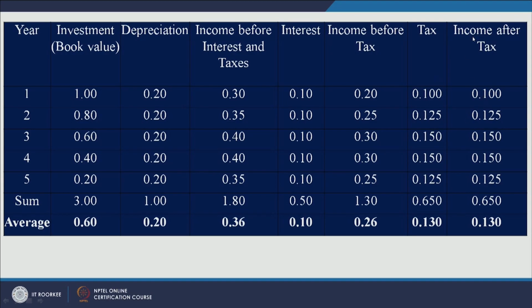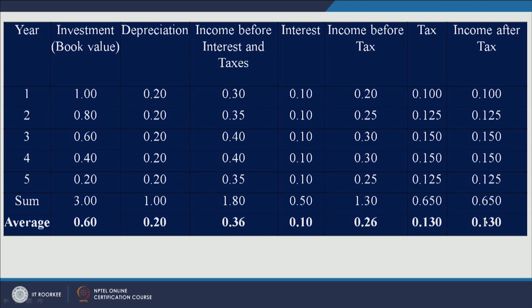Income after tax, this is 0.10, 0.125, and other values are also given here. You have been given income after tax, this is the sum and this is the average. So average values for all these columns are also given. Average investment is 0.6, average depreciation is 0.2, income before interest and tax 0.36, interest 0.10, income before tax, this tax and income after tax.